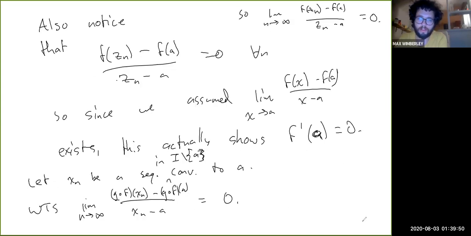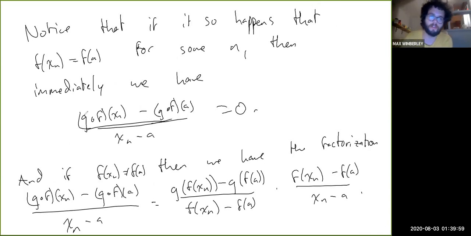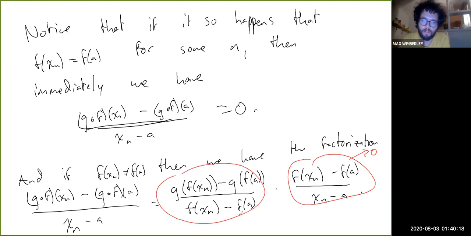Now we look at the terms in this sequence, where we plug in xn, and they fall into two types. One is the type where f of xn equals f of a, where this is just automatically 0. The other is the type where we're allowed to actually factorize it like this. In this factorization, the second factor should be going to 0, and this first factor stays bounded.